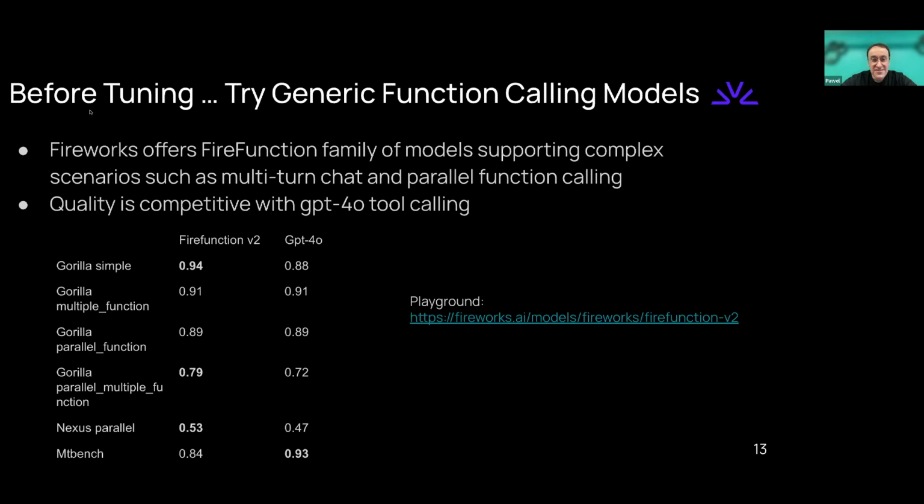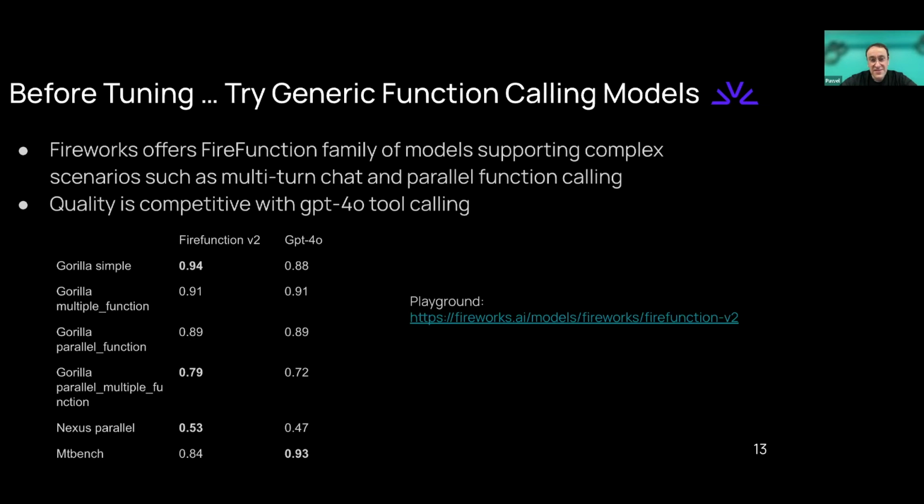And even if you look at this slide right here, I specifically included the MT-Bench. This is a multi-turn bench, which basically doesn't involve any function calling. It is just general instruction following, right? So I really wanted to include it to make sure that our model can still perform non-function calling tasks.